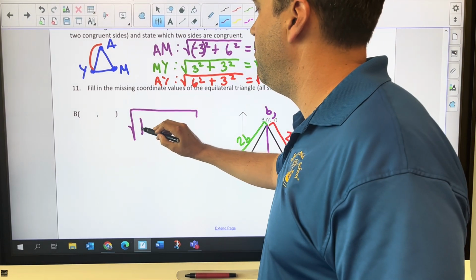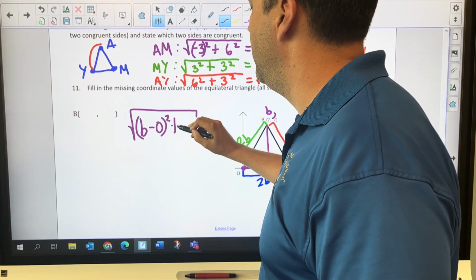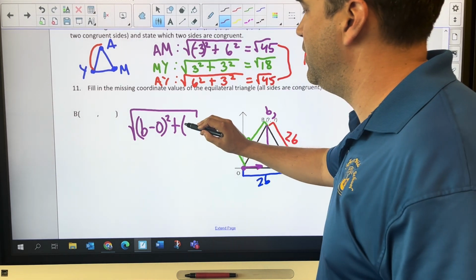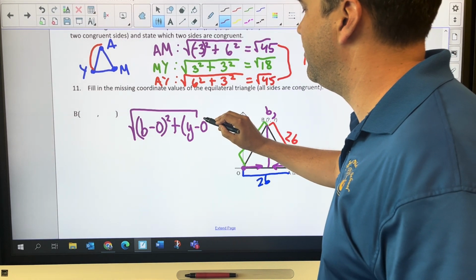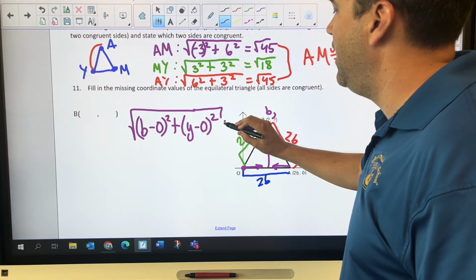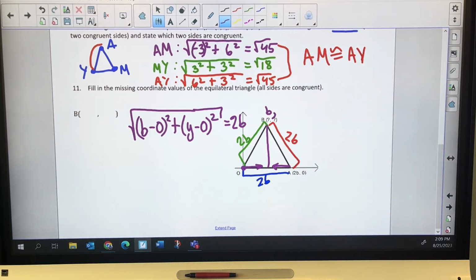So we've got b minus 0 squared plus, and then I've got my y value, which I don't know, y minus 0 squared. Let me extend that square root a little bit. And I know that I want that distance formula to equal 2b. Okay, cool. All right, so now I've got to do some math.